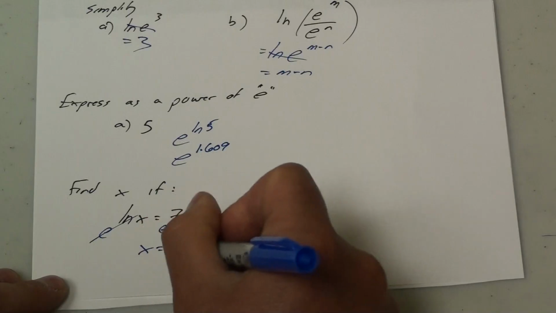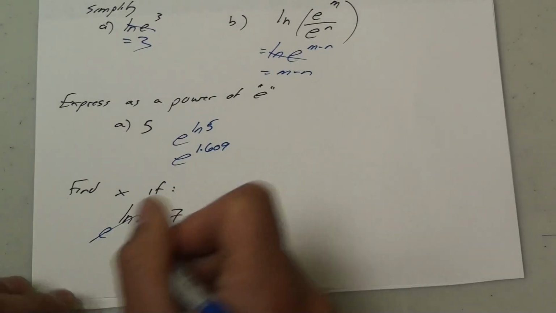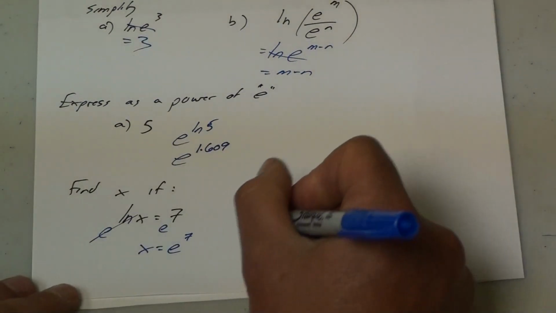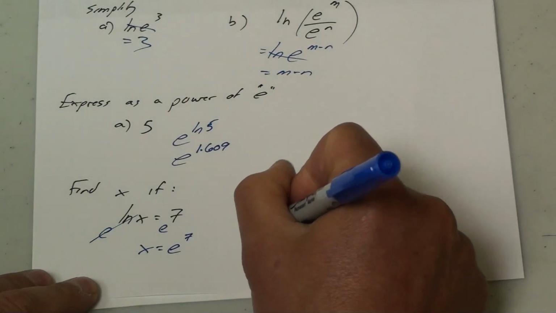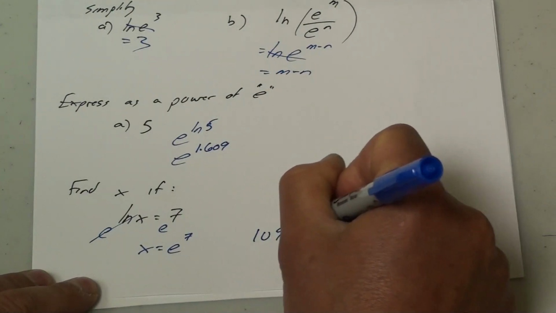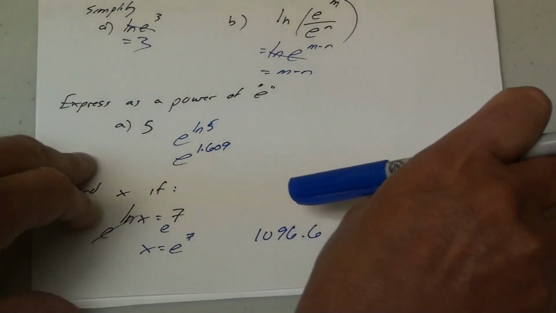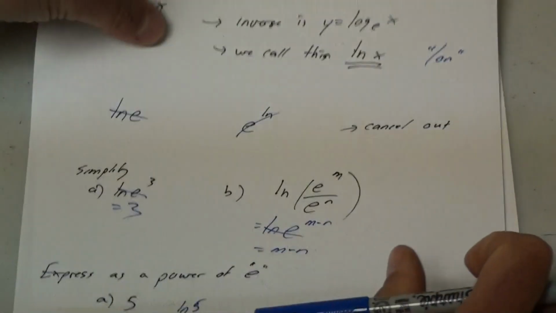And so I'm going to have x equals e to the exponent of 7, and you can put that in your calculator. I can do that by going e to the exponent of 7, and you're going to get 1096.6.